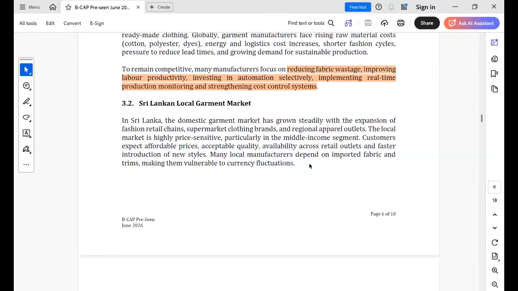They are the people who design the garment, because they do a lot of studies and surveys and see what fashions are currently going on and what styles will be in demand in future. As a textile or garment manufacturer, you can't produce the same pattern or design for a number of months, or you fail. So you must have a proper, well-qualified and practical design team who can foresee the future designs that will come into the market.